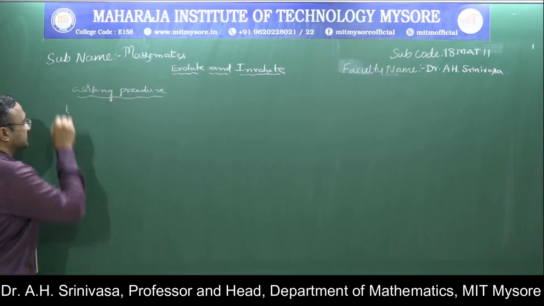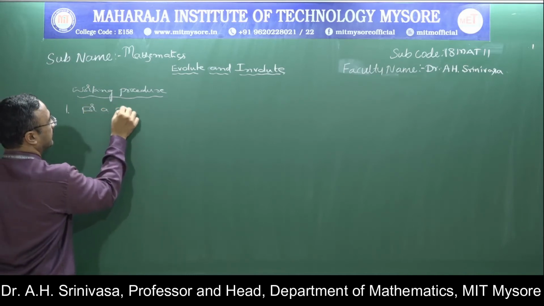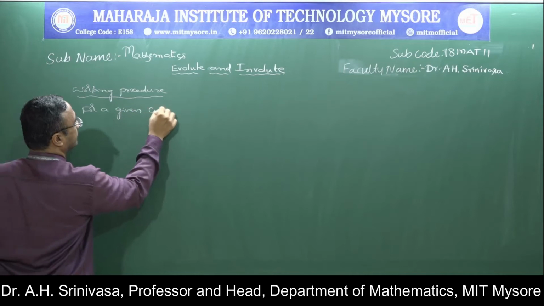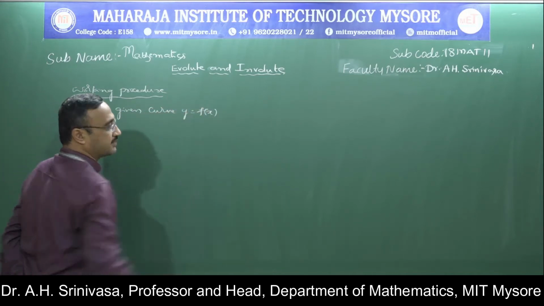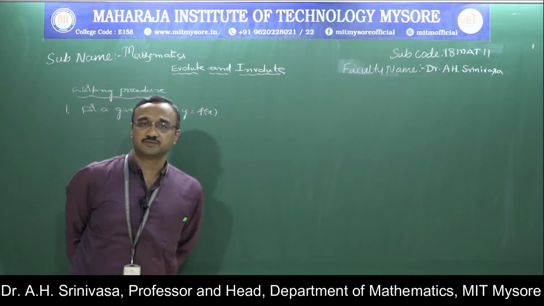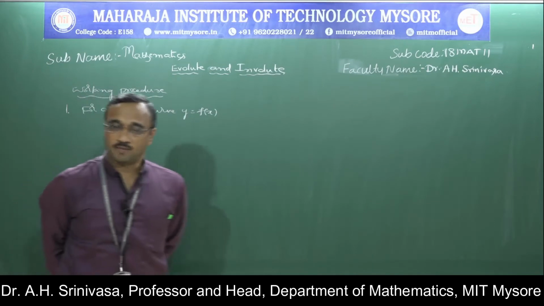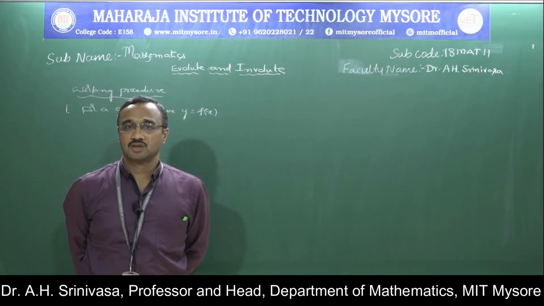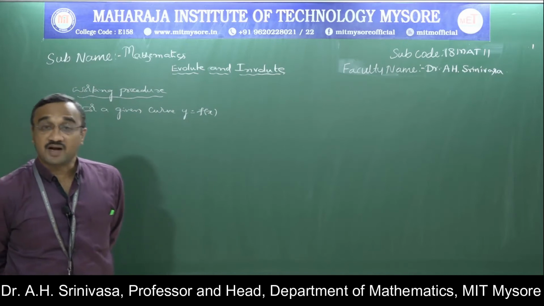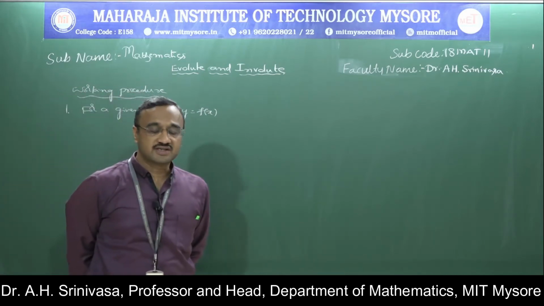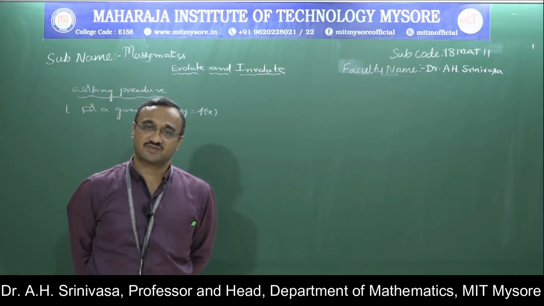The first point is, for a given curve y equal to f of x, I am taking a Cartesian curve. So this is the curve given in the problem. First we have to use the parametric form. We have to change the curve into parametric form by taking some substitution for x as well as for y.